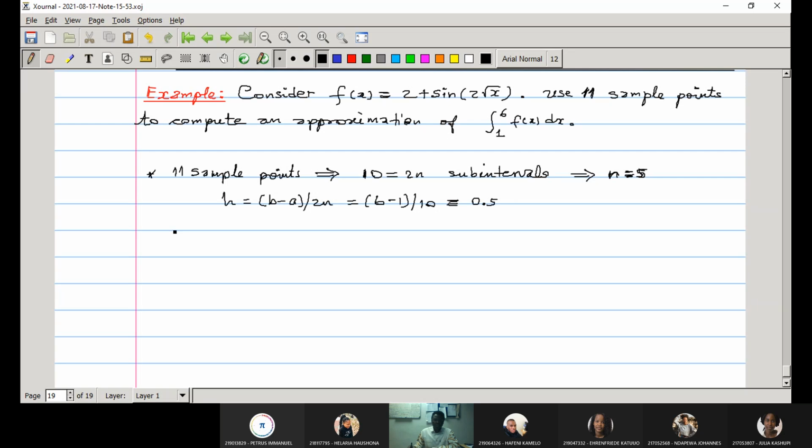So in other words, if I want to know all the points, obviously I can write already that x_k, if you want, is the first point, which is 1, plus kh, right?